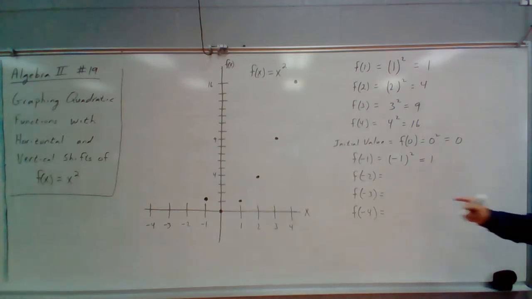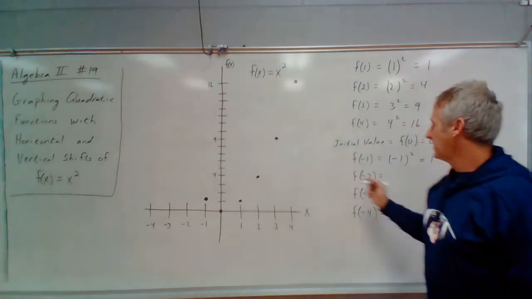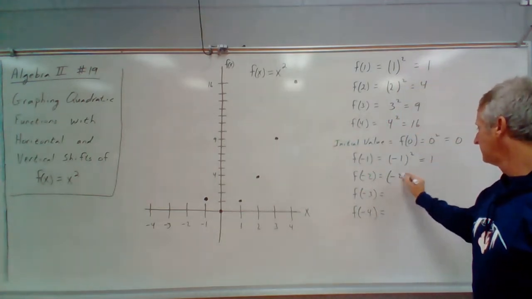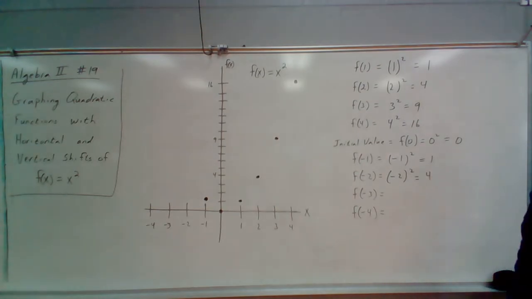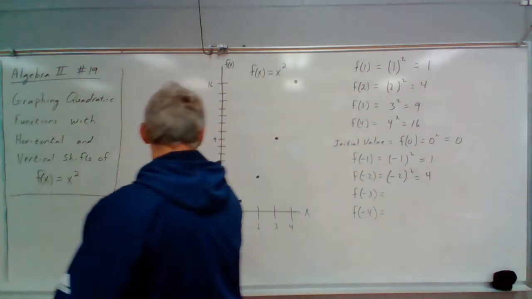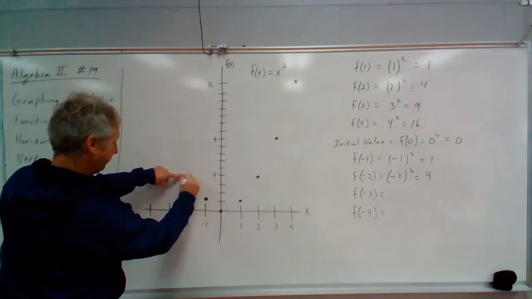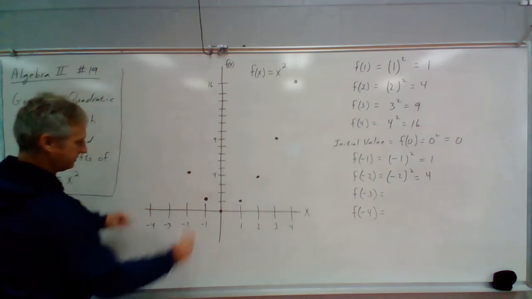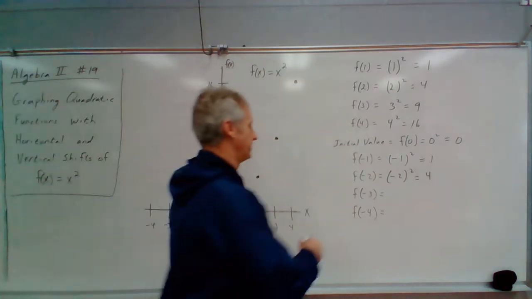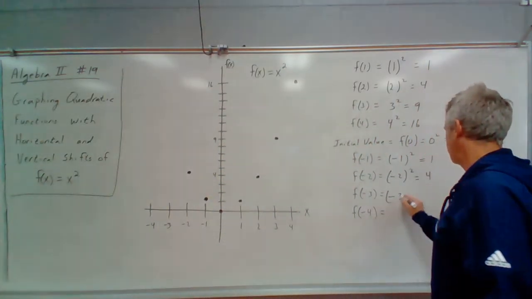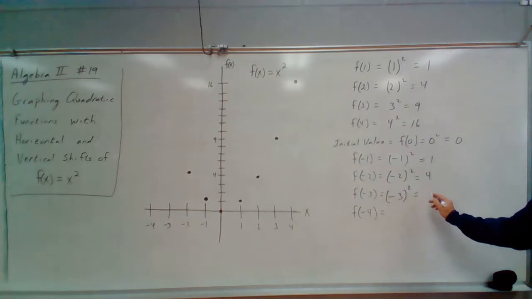All right, negative 2. I plug negative 2 into the function, I get negative 2 squared. Negative 2 times negative 2 is 4. So plug in a negative 2, I get a 4 out. f of negative 3 means negative 3 squared, which would be 9.